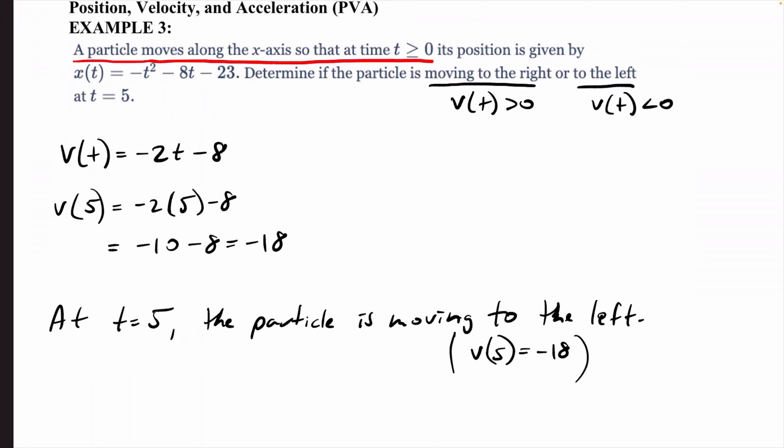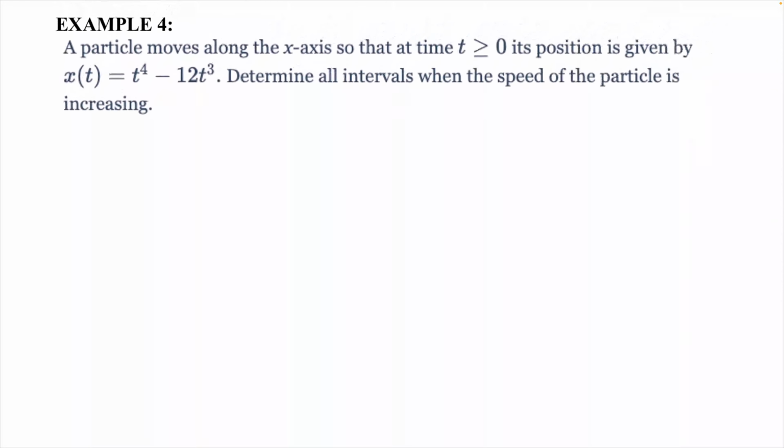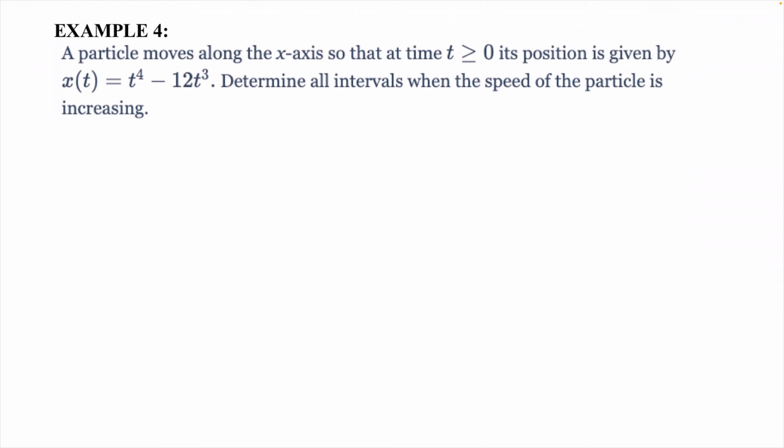Okay, next one. Example 4. A particle moves along the x-axis so that at time t, greater than or equal to 0, its position is given by x of t. Determine all intervals when the speed of the particle is increasing. So when is speed increasing?